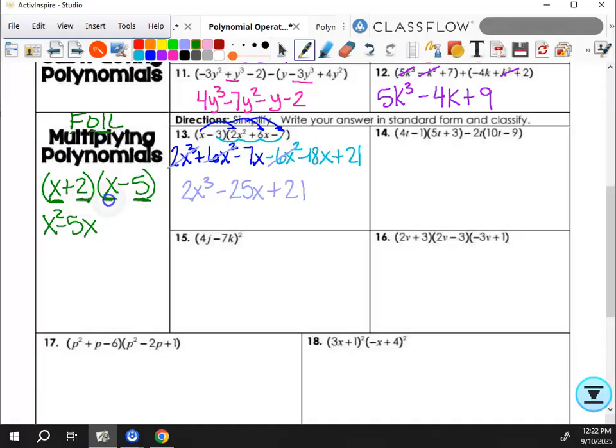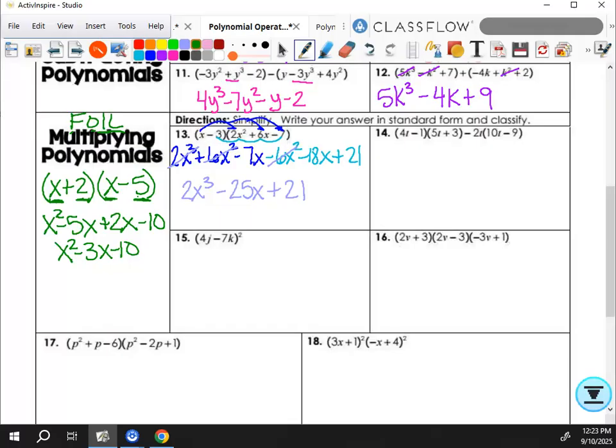So 2 times x, positive 2x, and L stands for last. 2 times -5, -10. Okay, so FOIL is what I learned. And then there was the box, and there was all these other things, and we're kind of back around to FOIL because it's really the simplest. First, outside, inside, last. Everybody okay with that? So this really gives me x squared minus 3x minus 10. Okay, and that doesn't go with that one. I was just making that up so we could talk about that.